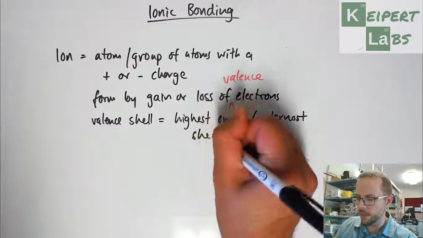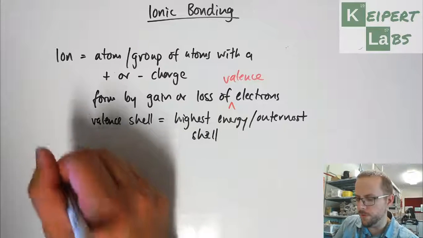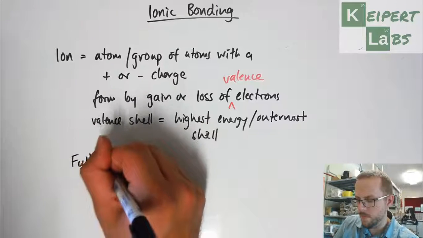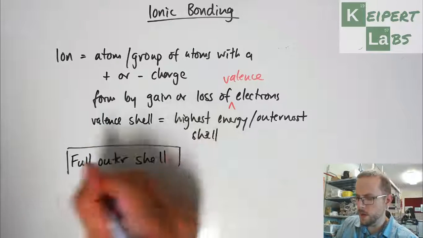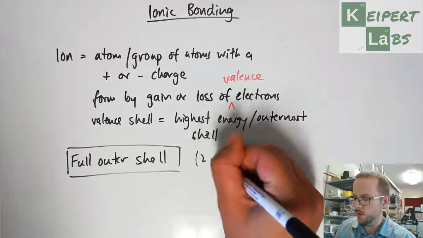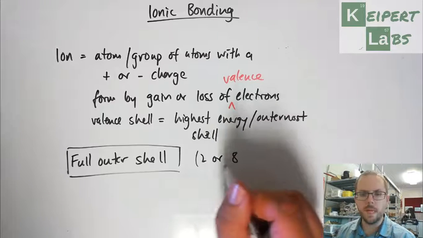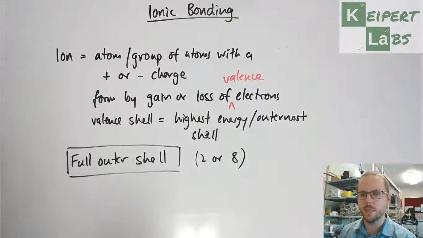So the easiest electrons to remove, and the idea being that a full outer shell is the goal. A full outer shell of electrons is either 2 or 8, depending on which shell we're talking about and how big the atom is.